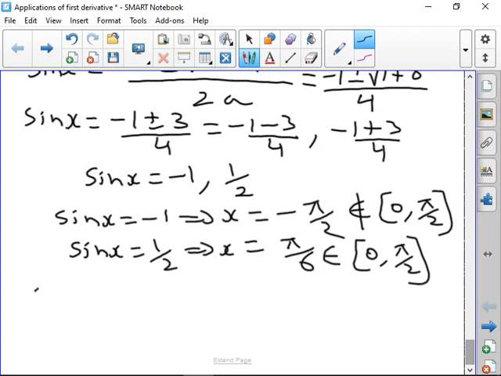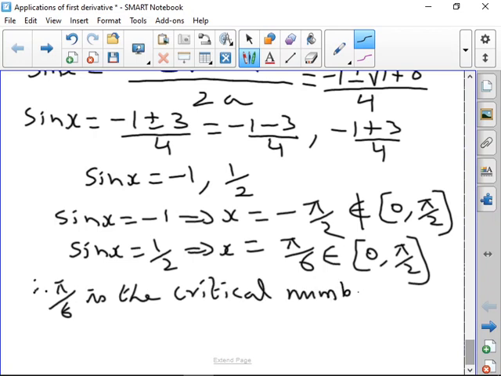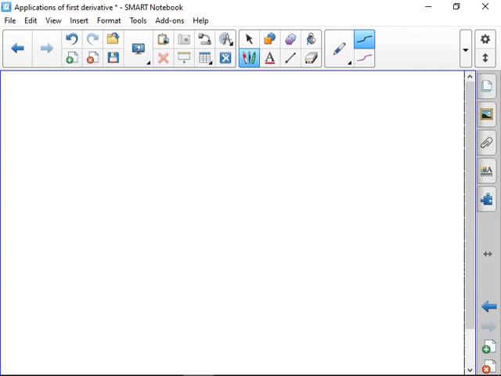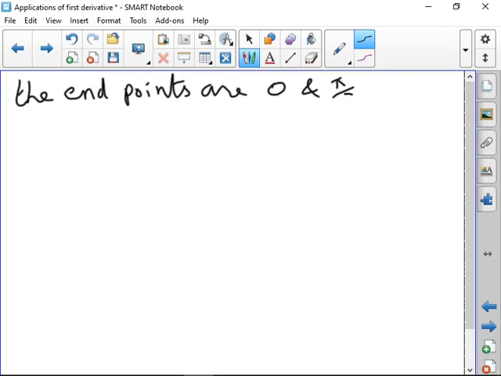Okay, therefore pi by 6 is the critical number, and end points, and the end points are 0 and pi by 2.